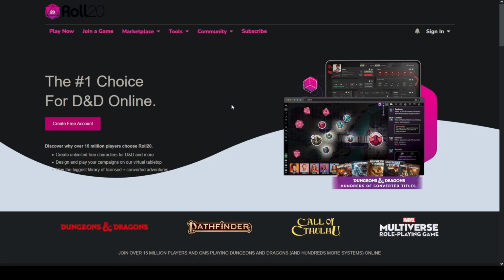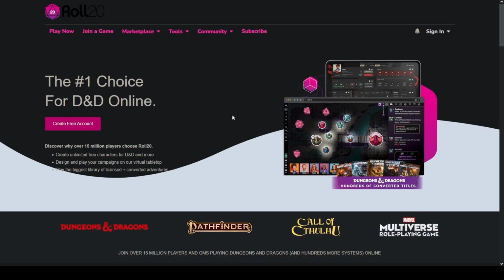Next is Roll20. Roll20 is a virtual tabletop and a marketplace. If you don't want to use D&D Beyond, you can just use Roll20. It has a character sheet. It has a marketplace. It has its own thing. It also integrates with D&D Beyond.